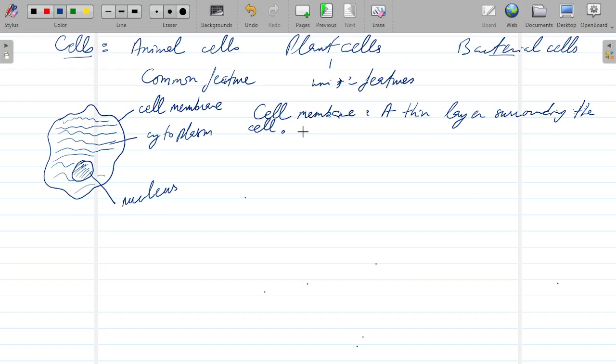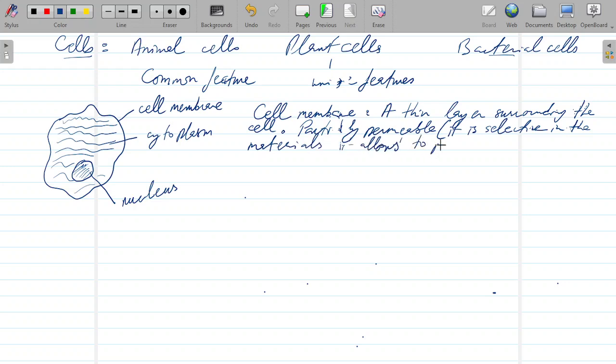It is partially permeable, which means it is selective in the materials it allows to pass through, and also helps to separate one cell from another and its surroundings.